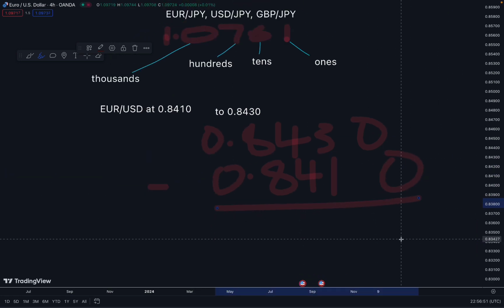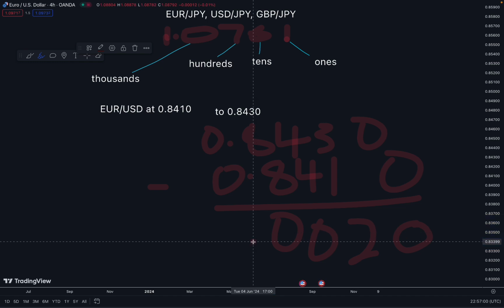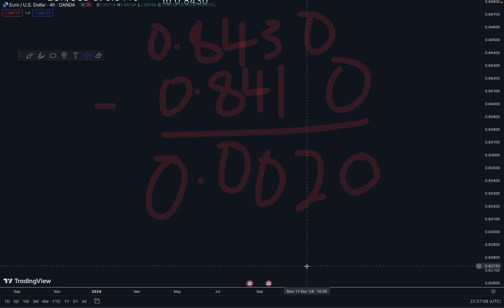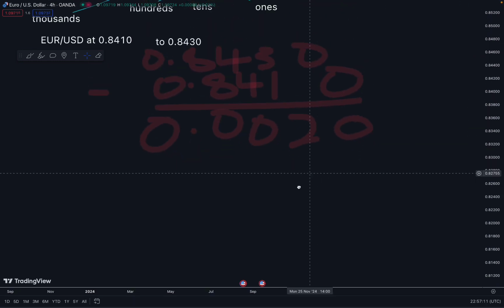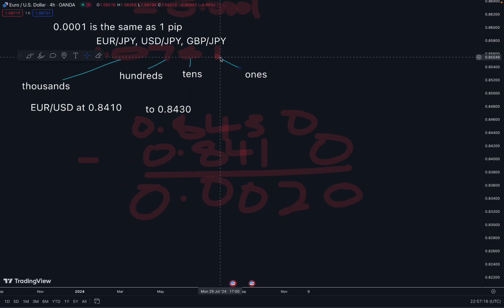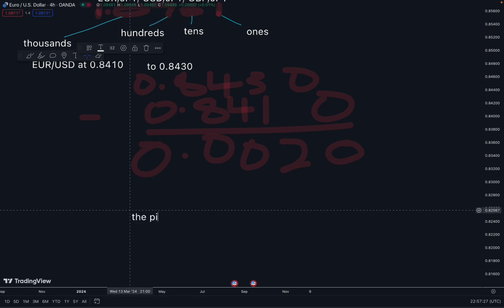So we just subtract, and you're going to get 0.0020. And with this 0.0020, it means the pip difference is 20 pips, because the 2 is in the tens. So when you compare, here's the ones and here's the ones, here's the tens and here's the tens. So our pip difference is 20 pips. So you write: the pip difference is 20 pips.